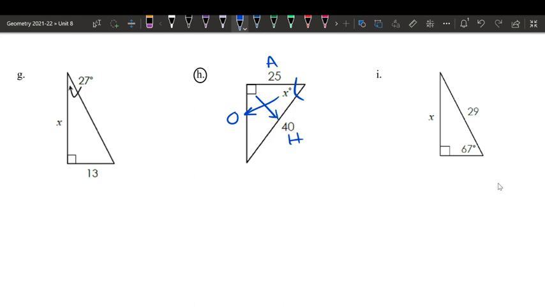There is nothing over here with the O, so I'm not using the O. I'm using the A and the H. CAH. Cah, that's for cosine. But because I'm looking for an angle, I'm doing the inverse cosine.